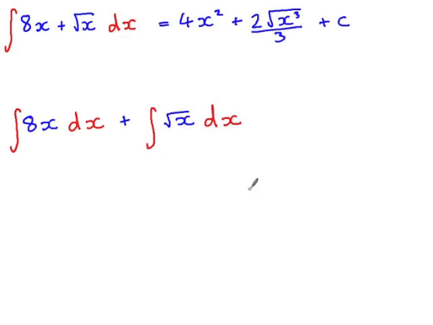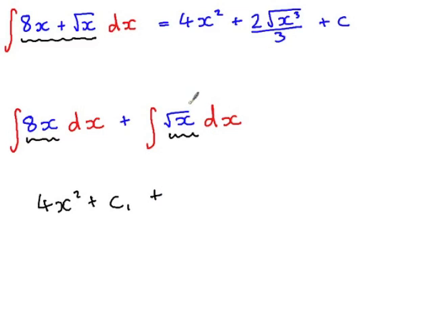In that last example, we were integrating the sum of two expressions involving x, and it's worth pointing out that to integrate the whole expression is the same as integrating the two terms separately and adding them together. So if I integrate 8x with respect to x, I get 4x squared plus a constant of integration we'll call c1.